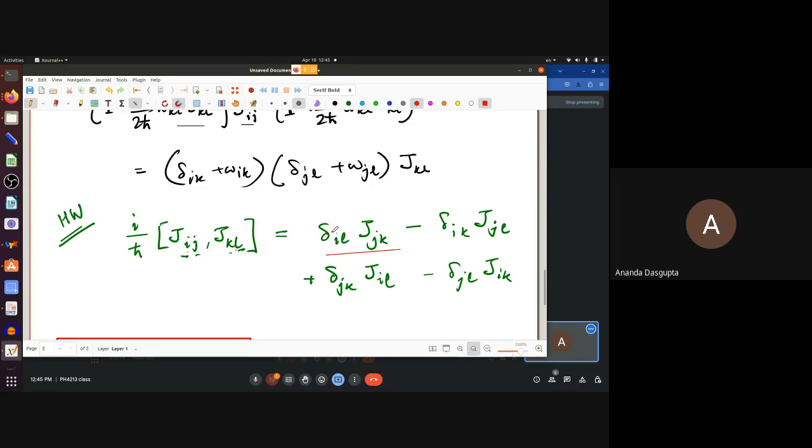So note, from here I've swapped i and j and I got this minus sign. It would have been antisymmetric. So look at the left-hand side: where you interchange ij, you get a minus sign. So on the right-hand side also, you must have that. Similarly, interchange k and l, you must pick up a minus sign on the left, so must pick up a minus sign on the right.